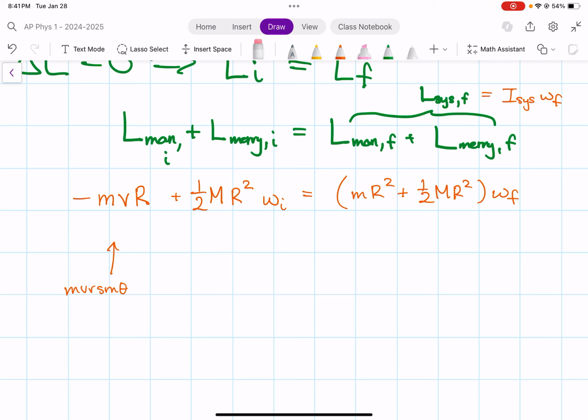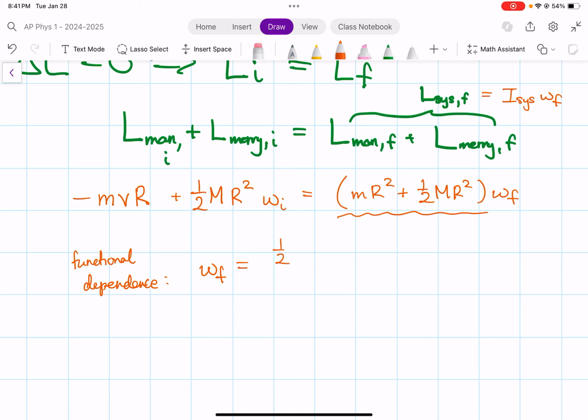We're going to find, guess what? You've seen this before. Functional dependence. Dun, dun, dun, dun. Right? So let's solve for omega final. It's going to look a little complicated, but just divide both sides by this parentheses here.